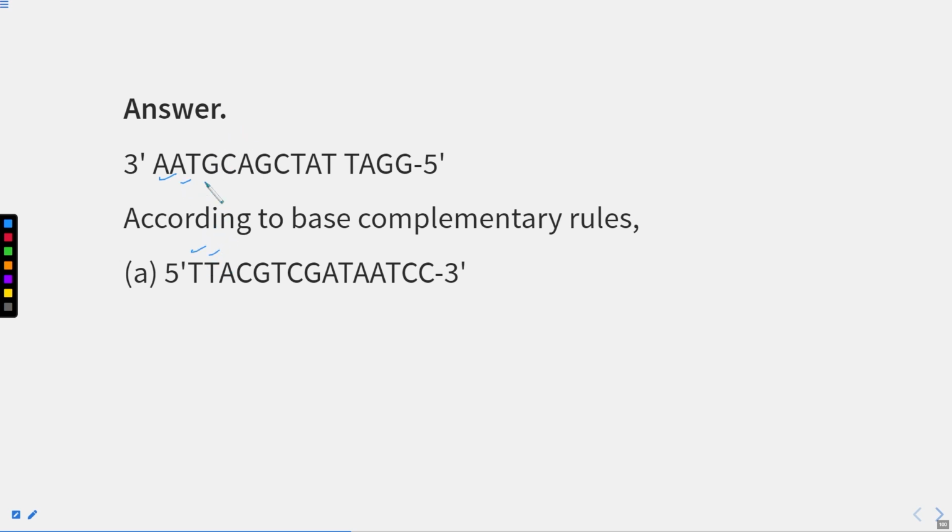A pairs with T, G pairs with C. We have the T, then we have the A, then we have the G, so we will have C. This will be the complementary strand. So this was easy. This is how to make the complementary strand.